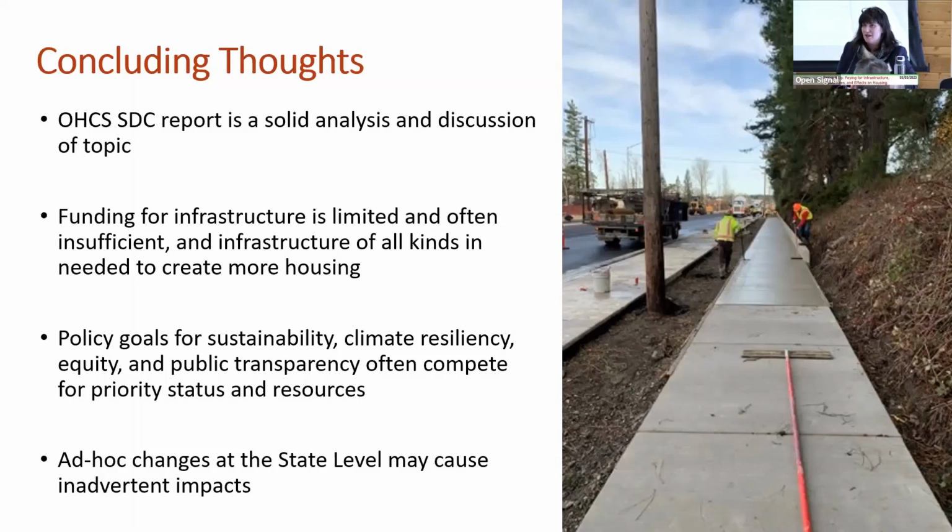And then in the longer term, there's the question: do rates go up? Is the share of property taxes that is spent from the general fund on infrastructure going to have to go up? What happens when that runs up against state law, which of course it kind of would immediately? What other services would need to be cut in order to pay for the infrastructure that is deemed to be the highest priority? And that's going to look different in every jurisdiction because jurisdictions have different tax rates under state law.